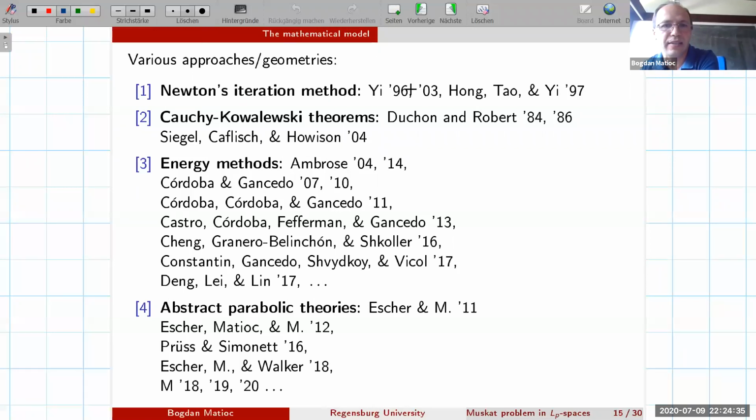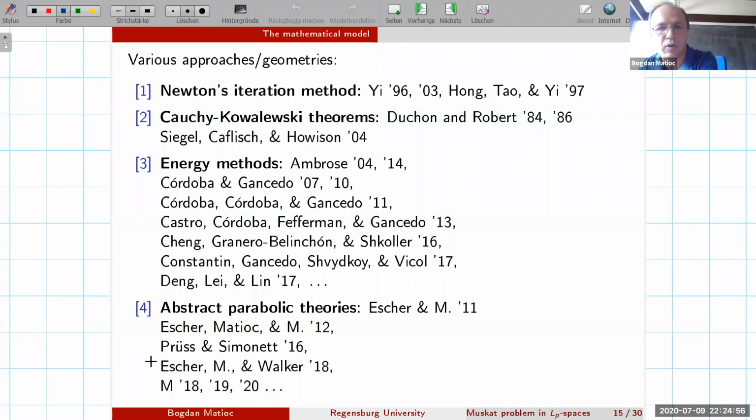E used in '96 Newton's iteration method to construct solutions for the Muskat problem. There are people using Cauchy-Kovalevsky type theorems. There's a large group considering energy methods when studying this problem, and my research is in this fourth group, which used abstract parabolic theories.